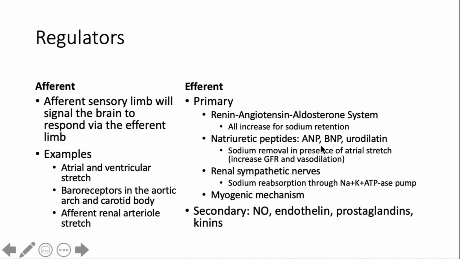If something goes wrong, then either natriuresis or sodium retention can occur in order to maintain the GFR, to maintain the fluid and the water and the sodium inside of each compartment. Additionally, there are renal sympathetic nerves and some other mechanisms, as well as secondary hormones or messengers that are released in order to tell us to hold on or release more water or sodium.